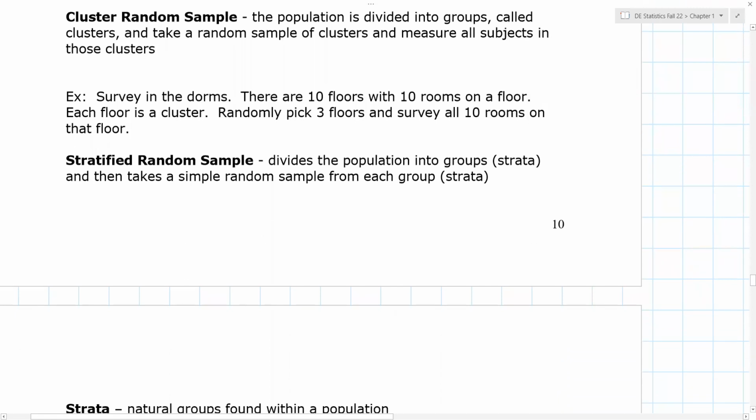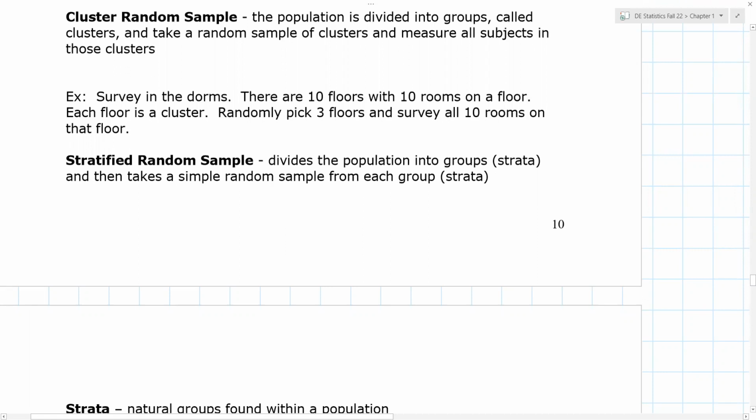Next is called stratified sampling. Stratified sampling, the first step is you break your population up into things called strata. And so that's why it can be confused with cluster sampling, because the first step is, on the face of it, the same thing. You're breaking up your population. However, the difference between a strata and a cluster is very big.